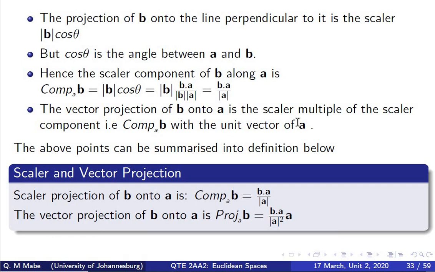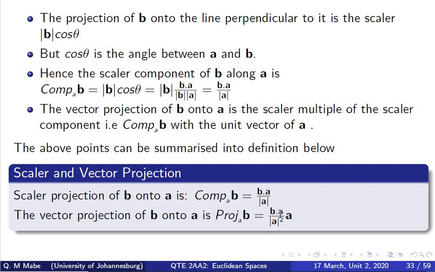So by definition, just to summarize the points that we have discussed, the scalar projection of B onto A is the component of B onto A, which is equal to B dot A over the magnitude of A. The vector projection of B onto A is B dot A over the magnitude of A squared, times the vector A, right?